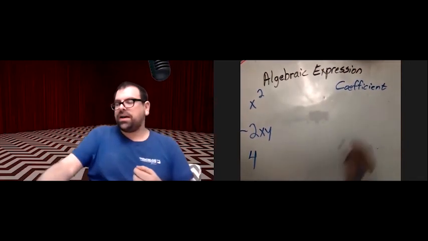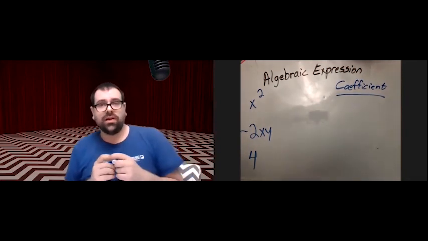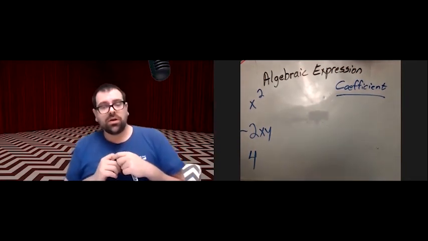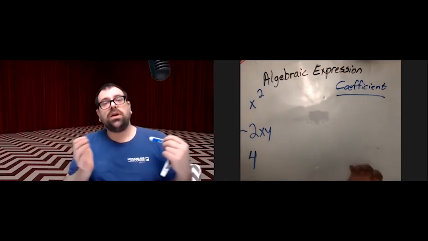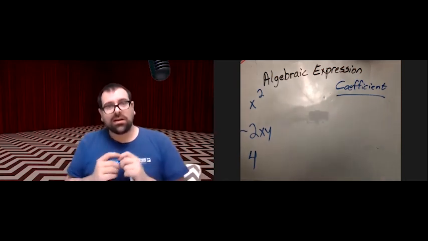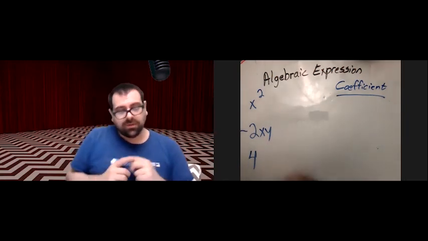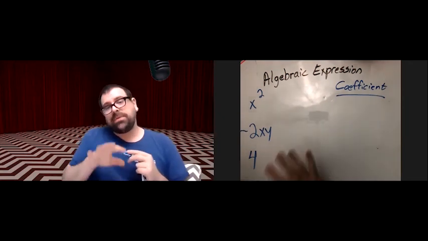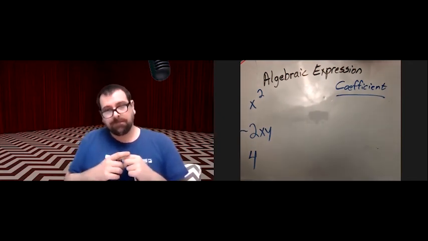If we were to find the coefficient of each of these terms, we would want the number in front of the variable term, the number that comes before. You want to keep the sign as well.